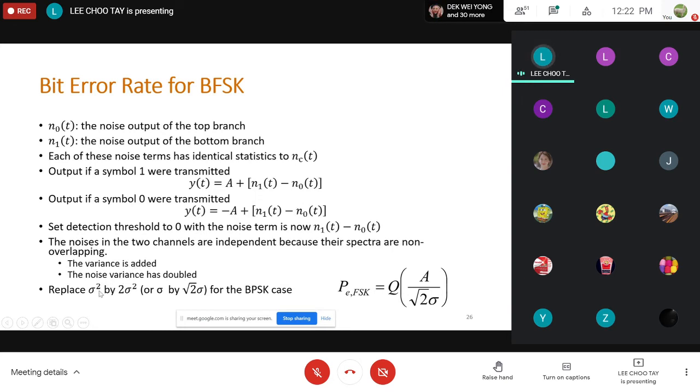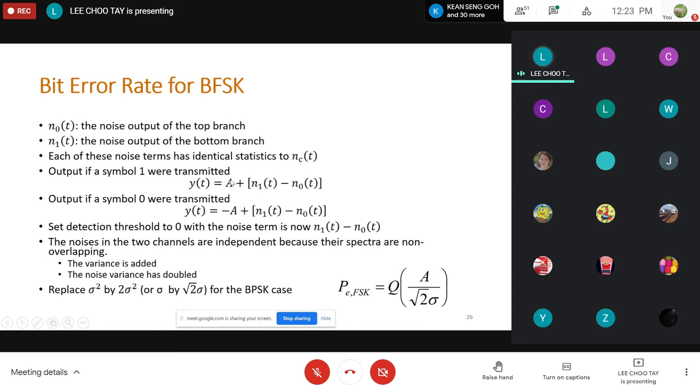So what we do is replace sigma squared by 2 sigma squared, as in the BPSK case, and that gives us the probability of error for FSK equal to the Q function of A over root 2 sigma. This root 2 comes from the variance of the noise being doubled.